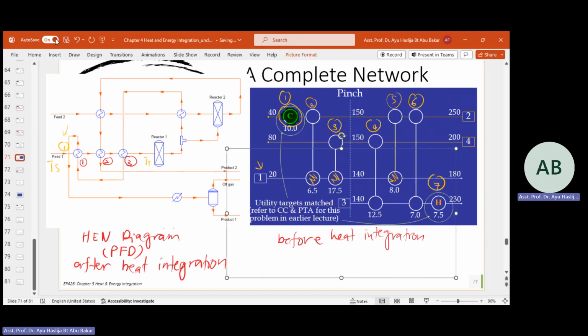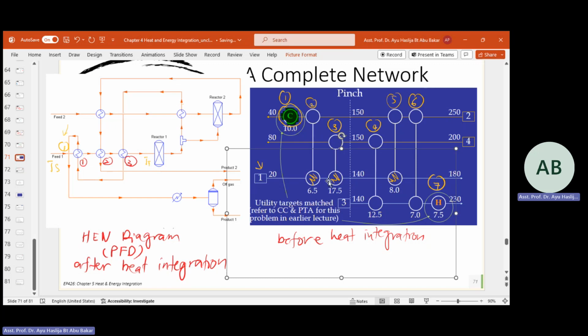Okay, based on this network, as long as you have, okay, stream, we focus on feed one only, yeah? You have 3 heat exchanger, right? You have 3 heat exchanger over here. So the sequence, which one come first, it depends how you arrange your stream.